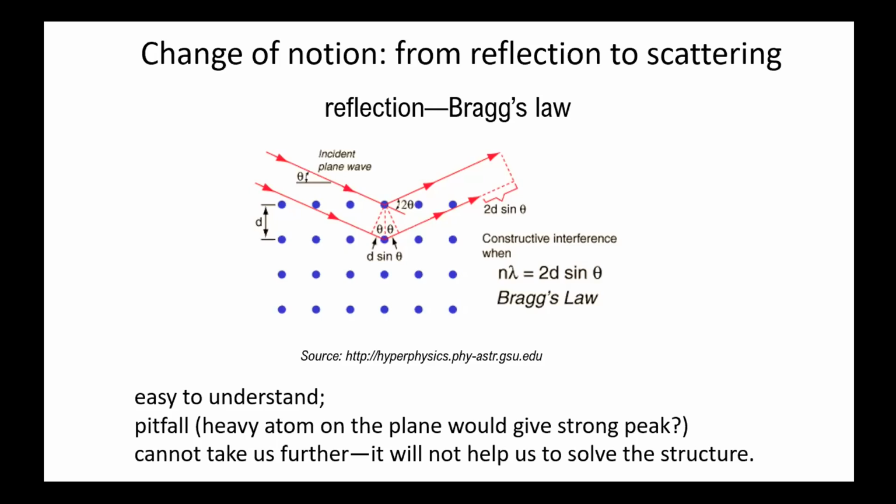Also, it cannot bring us further, and probably just tells us where the position of the peaks is. Then what's next? Very likely there's nothing left. But the power of XRD is really to solve the structure and tell us what kind of atoms we have and where they are. That's the power of X-ray diffraction.